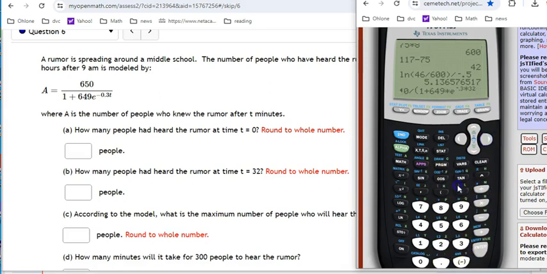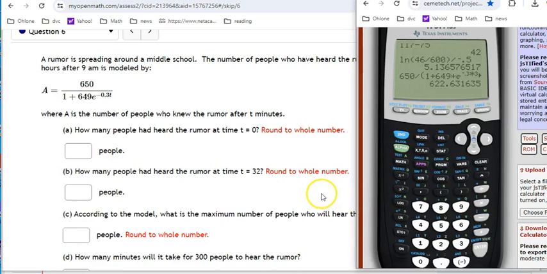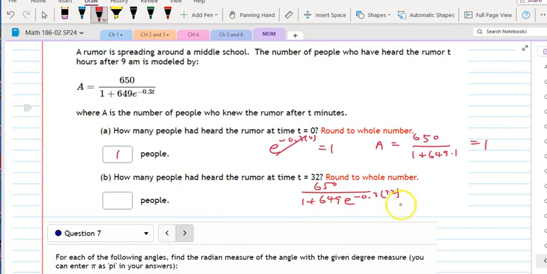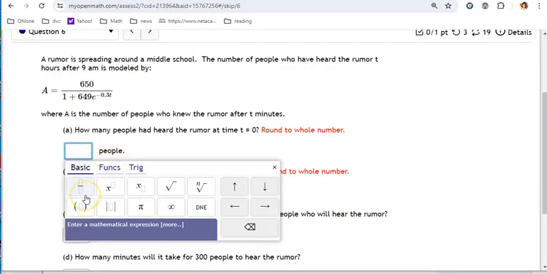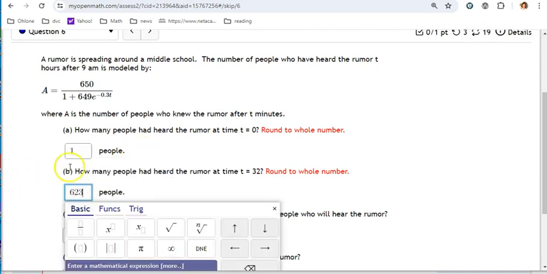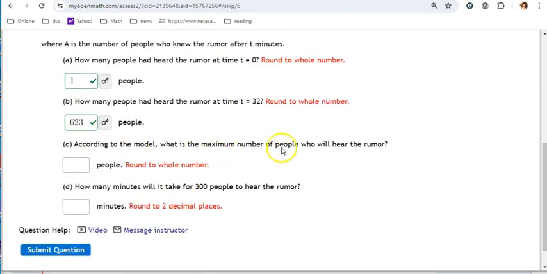Okay. 622 point something. Whole number, 623. Let's submit first.